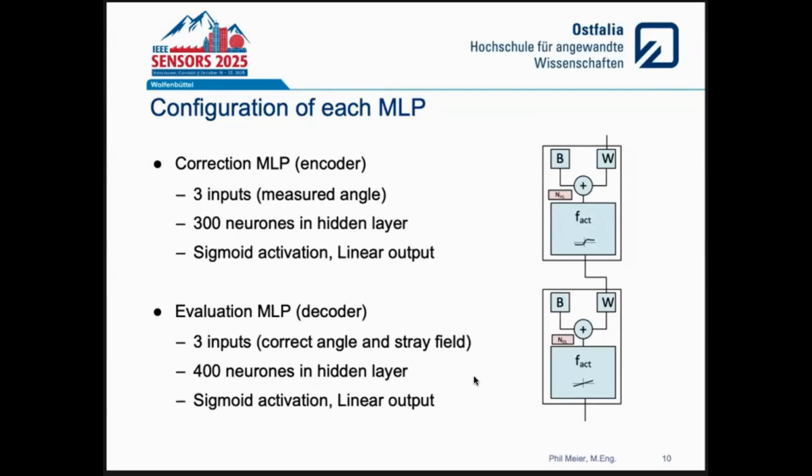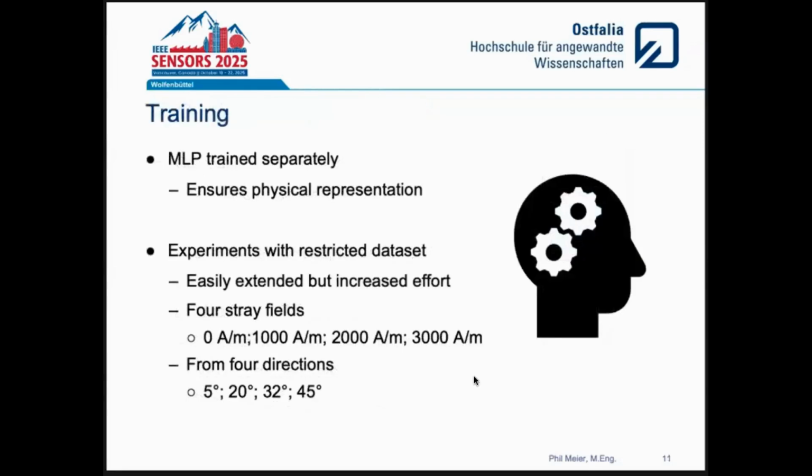We needed a few more neurons in the hidden layer, and also here sigmoid activation and linear output. We trained both networks separately, because on the one hand this ensures that we can use a physical representation on the output, and it also reduces training effort a bit.